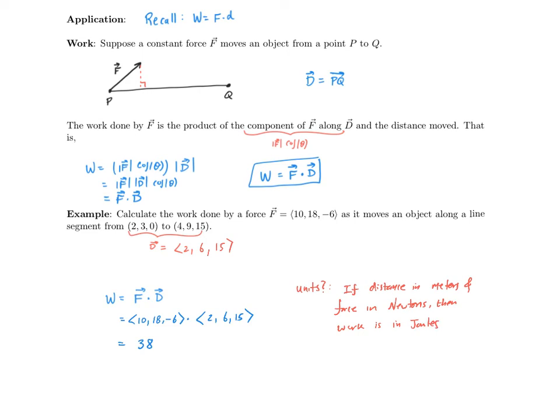In a math class such as this one, I am not going to get too caught up in the units. We'll just have to be careful to measure distance in meters if force is given in newtons, or distance in feet if force is given in pounds. But in terms of joules and labeling the units, I will leave that more to your physics-related courses.